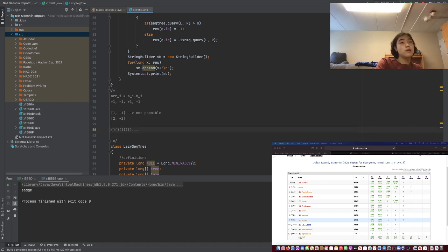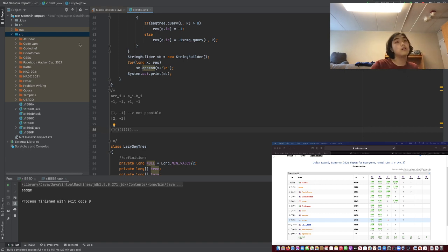In other words, it's always possible to do this. Obviously the sum needs to be 0, but also you need to make sure that at any point in the subarray, the prefix sum of the subarray never becomes positive, at least in my case. It might be different in your implementation, but that's just how I implemented it.